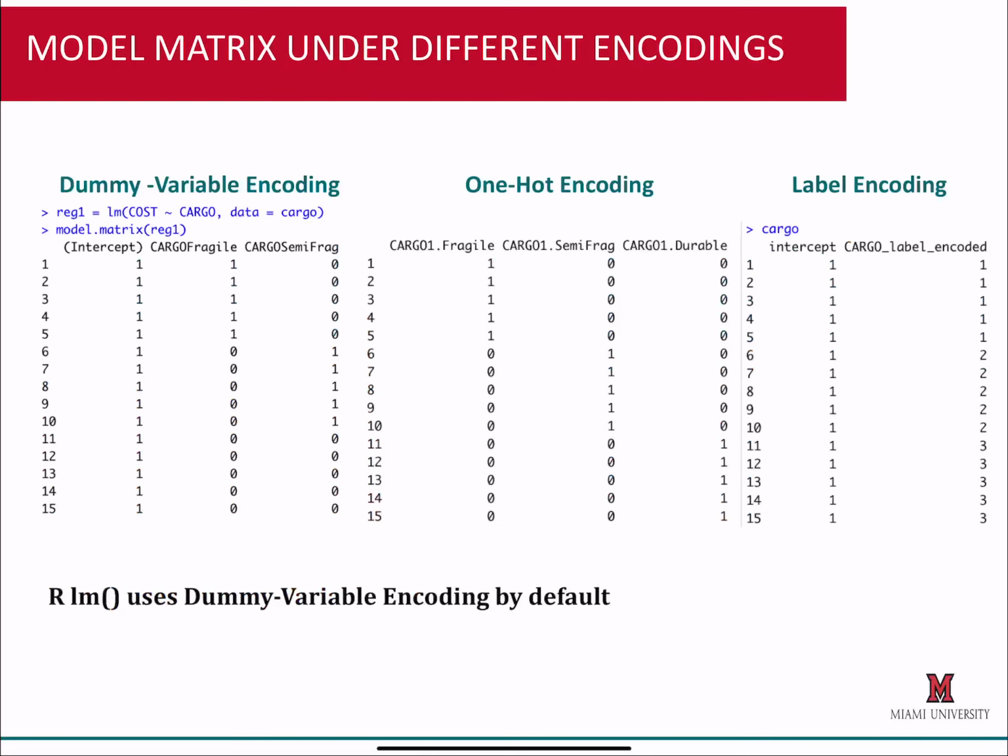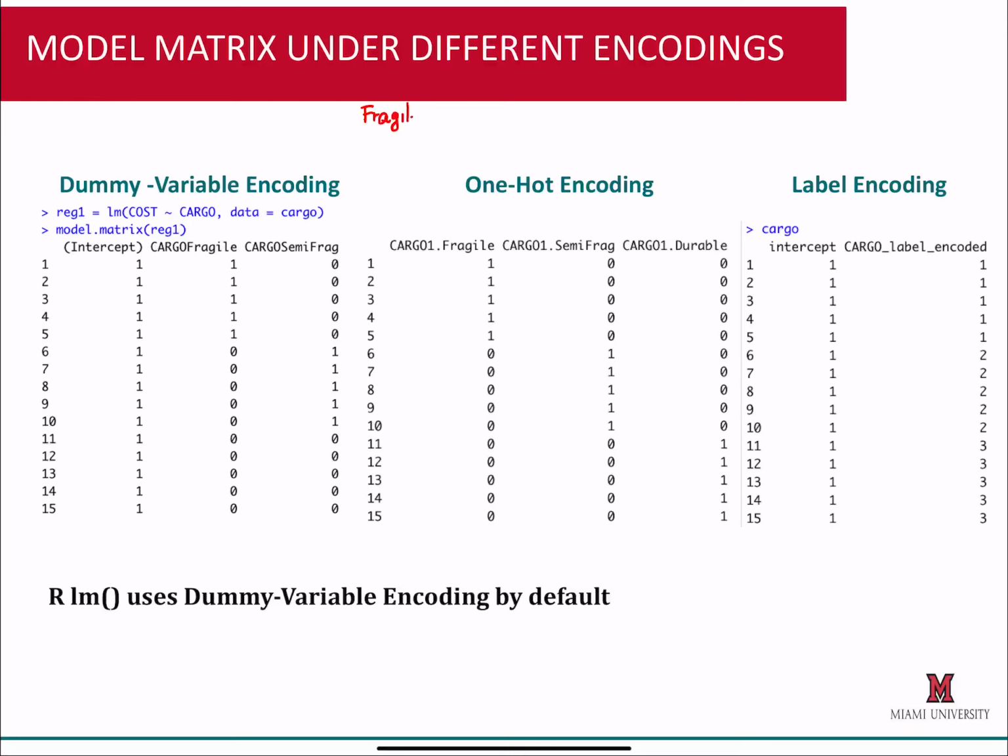Okay, so let's take a look at the model matrix under different encodings. This example is on the cargo dataset, and we'll see that in a bit. But we want in this dataset to predict the cost of a shipment based on the cargo type. There are three types. One is fragile.